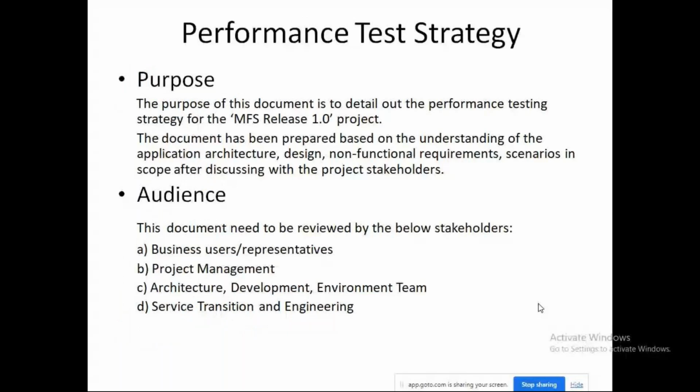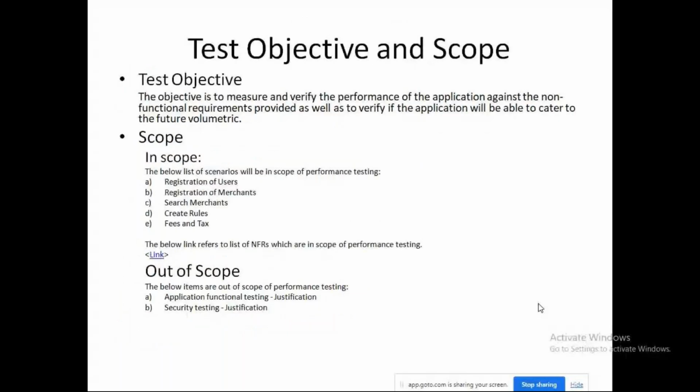Then your purpose, your audience, your test objective, your test scope. You see, here I provided the link to the NFRs, right? That is in the appendix section. If I click here, I'll directly go to the appendix section.